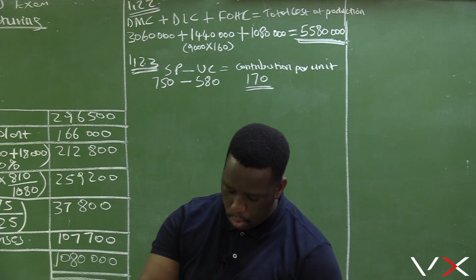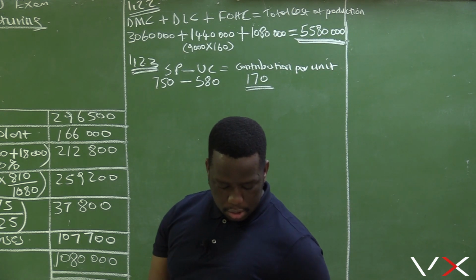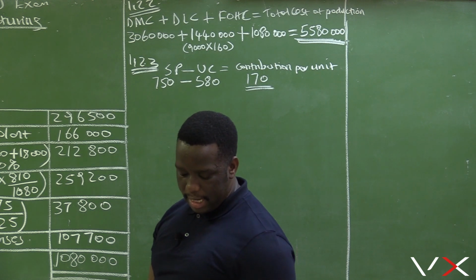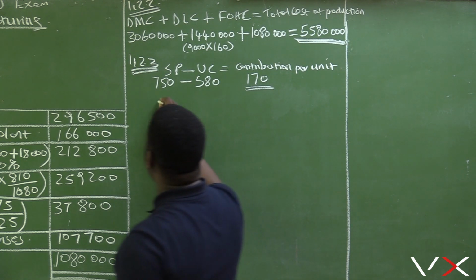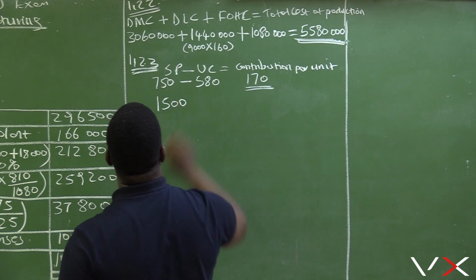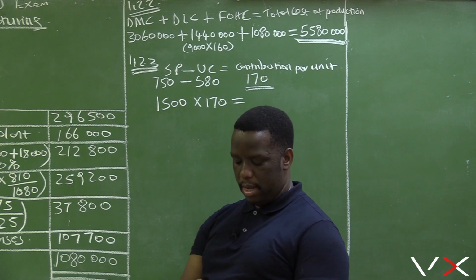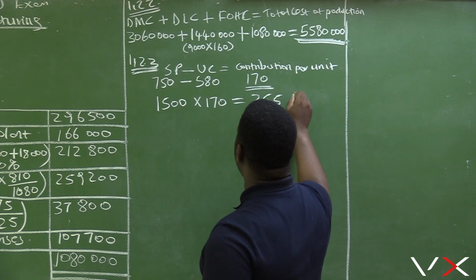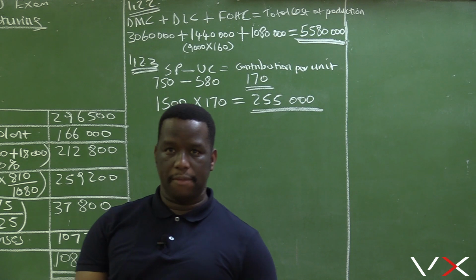So if Sihle wants to produce an additional 1,500 units while maintaining the selling price and cost, the additional profit he can expect is 1,500 multiplied by 170, which equals 255,000. The additional profit he can expect to make is 255,000. Right.